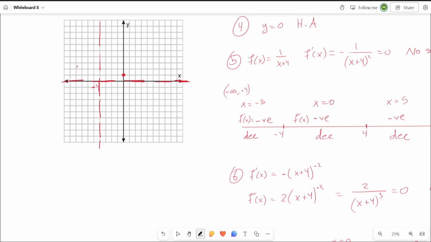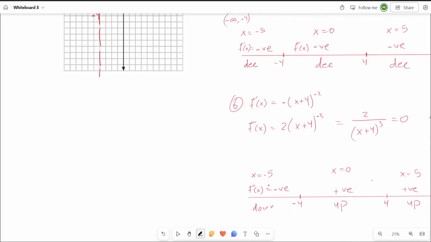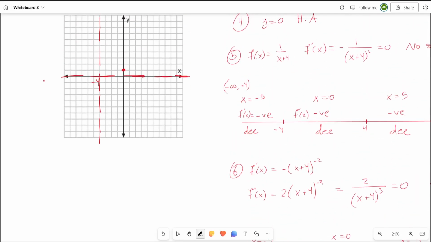I have two options in a rational function, either to draw it like this or like this. Which part is going to obey this decreasing part? Is it 1 or 2? It's 2. Yes, and since it's a concave down function in this interval, it must look something like this.